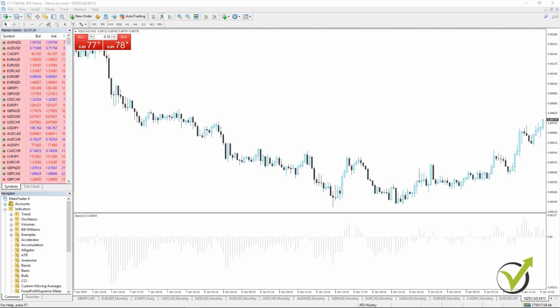This indicator was created by Alexander Elder, and it was presented in his book Trading for a Living, I do believe was the name, and he described it there as a constant battle between the buyers and the sellers every day, right?